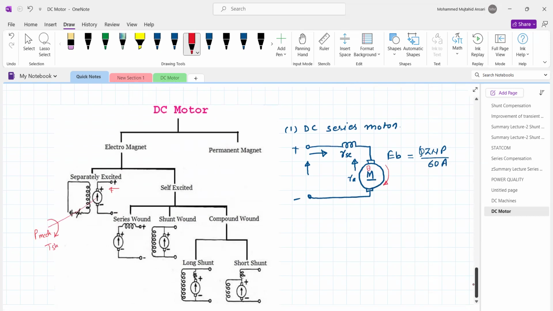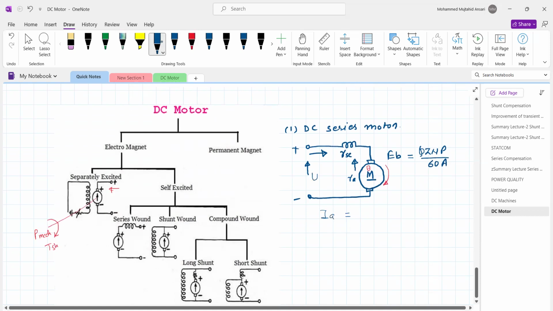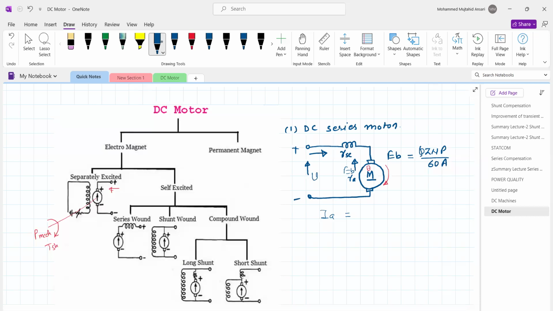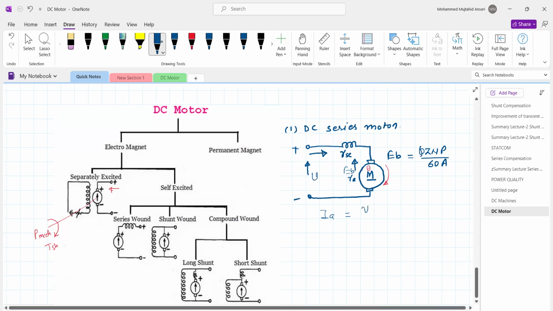From this figure, we can say that the armature current IA is equal to the supply voltage minus back EMF; definitely the supply voltage will be more. Therefore the current is going to flow, since the voltage is more and the back EMF is small. So IA is equal to V minus EB, the difference of voltage, divided by the armature resistance and series field resistance, RA plus RSE.